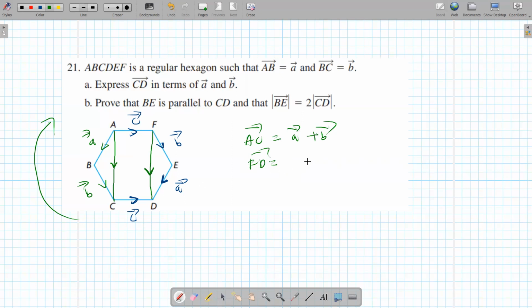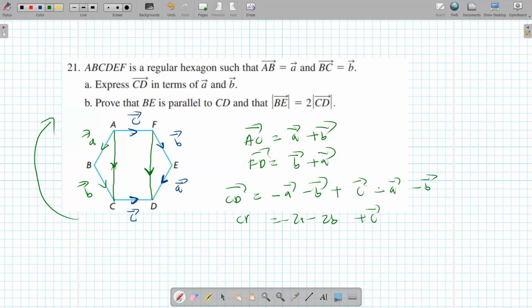B plus A. Yeah, B plus A or A plus B, it's the same thing. Now, let's do the CD thing again. I'm going to bend this. This becomes minus A minus B, plus some C vector, and then again, this one here, minus A minus B. So you get minus 2A minus 2B plus C equals CD. This is the same thing as this. You get 2CD is minus 2A minus 2B, therefore CD is negative A minus B.